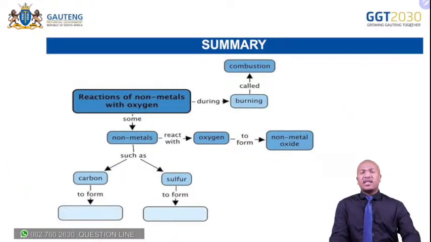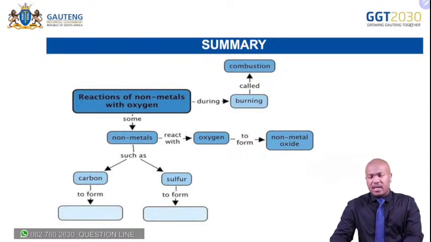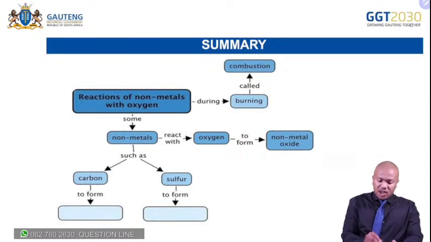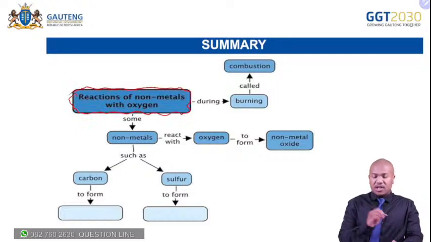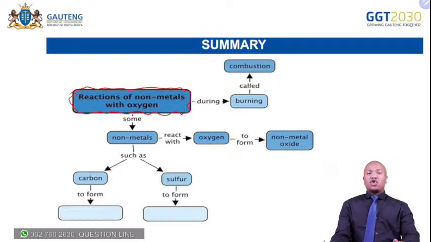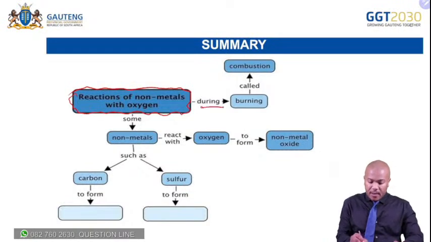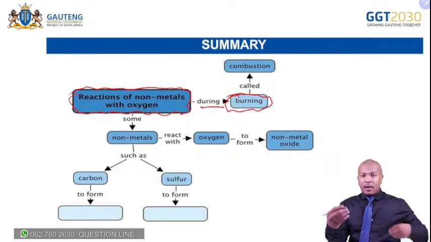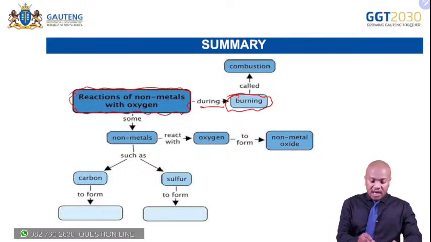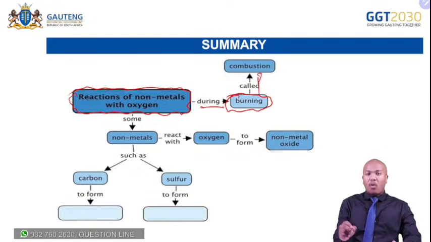Right, now let's use this concept map to summarize our lesson for today. The main topic being reactions of nonmetals with oxygen. During this reaction, there is some burning called combustion.